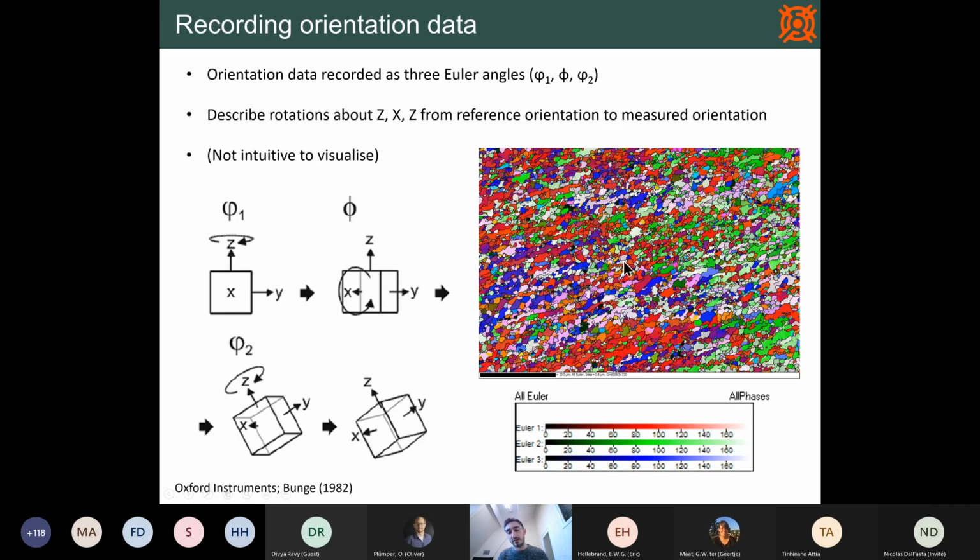You'd have to unwind these 3 rotations in your head to visualize how the crystal is actually oriented at each point in the microstructure. And just a note that all the plots in this section of the talk, the EBSD data, are actually all from the same sample. So this gives you a flavor for the diverse ways that we can interrogate these data.